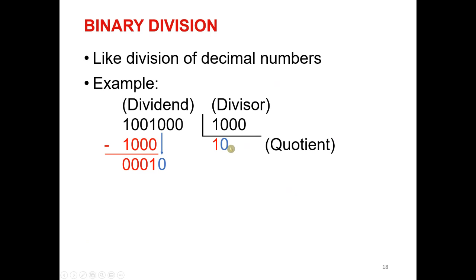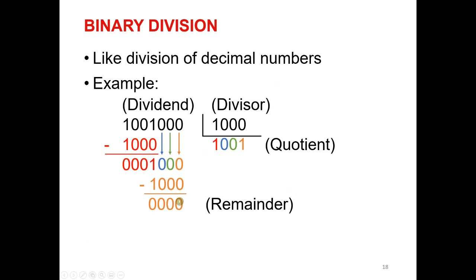Then again, 10 is smaller than 1000, so we need to go for the next number. We bring down 0 again, and then finally, in this case, we see that 1000, we can multiply this by 1, and then we will have 1000 here, and if we subtract this, we have 0 as a remainder, and this will be the result.